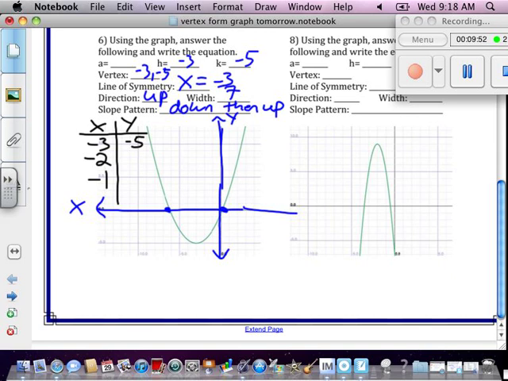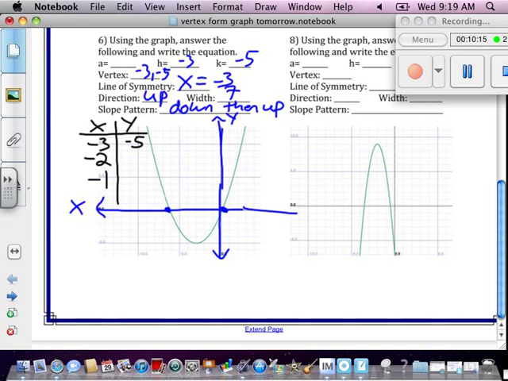How do you find that out? You're looking on your graph. You would go over -2, and you would see where it crosses. And here, it crosses at approximately negative 4.5.